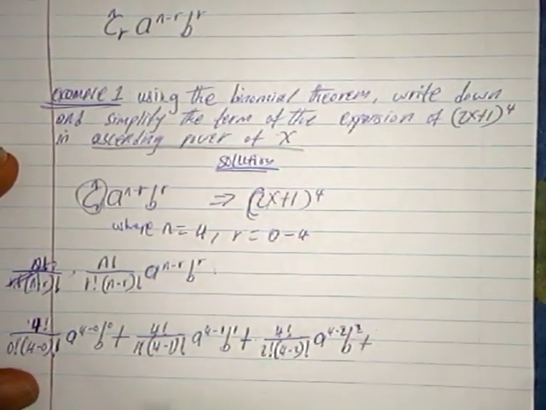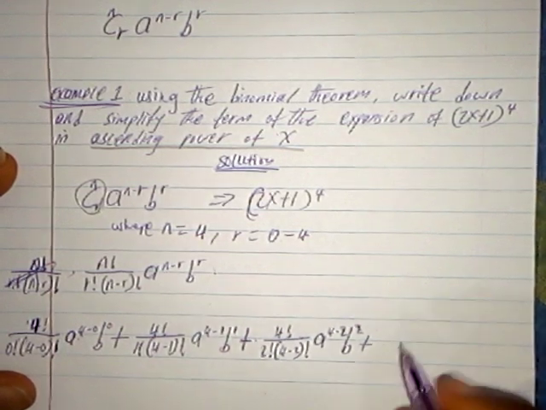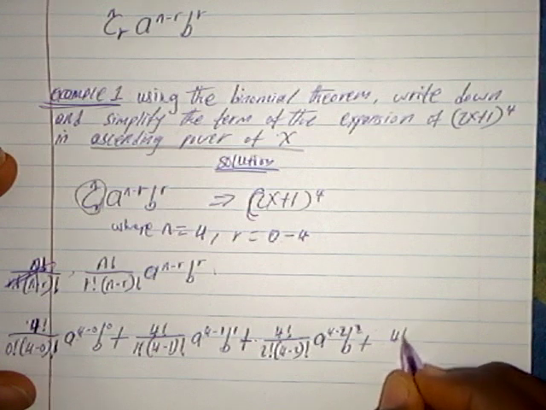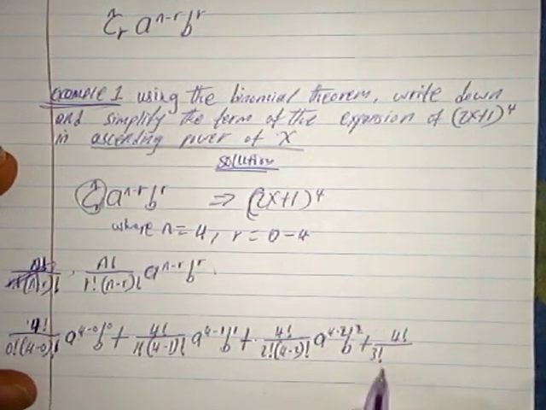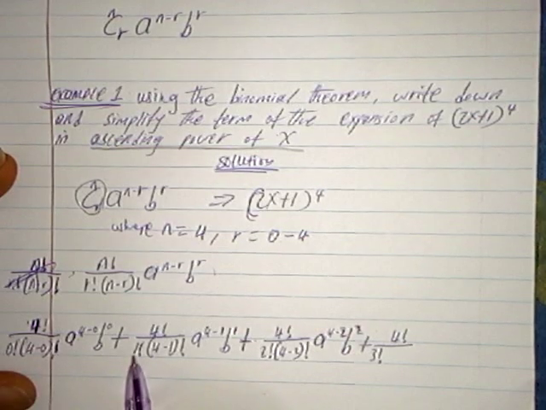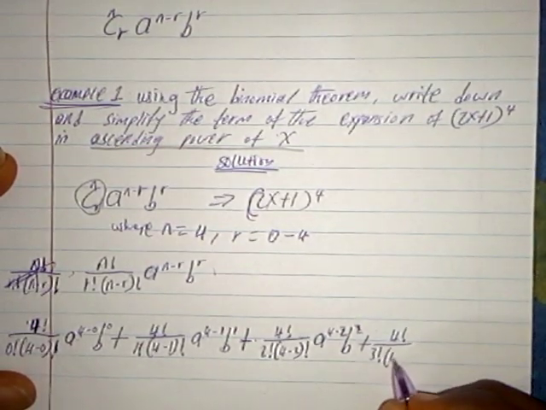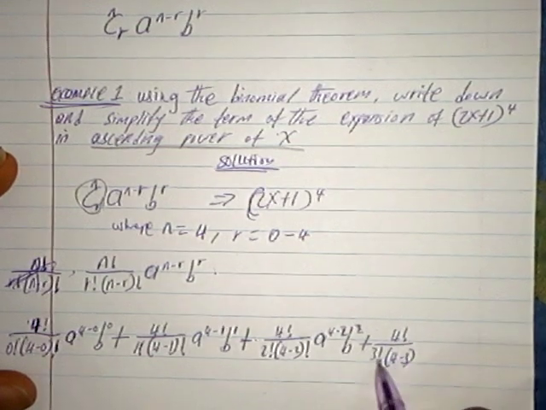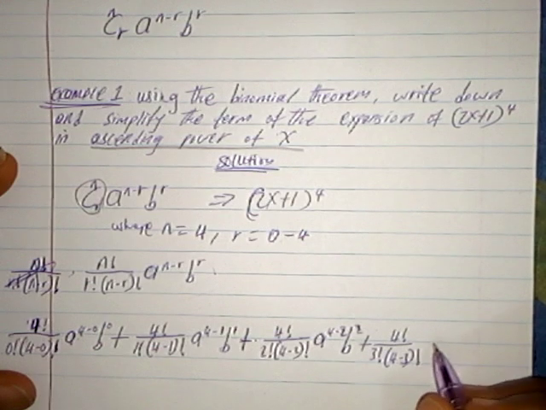Plus, 0, 1, 2. Now we come again to 3, the third. So say 4 factorial upon 3 factorial. R now will be 3. So r moved from 0, now is 1, now is 2, now is going to 3. Into (4 minus 3) factorial. You see this 3, you subtract it from 4.